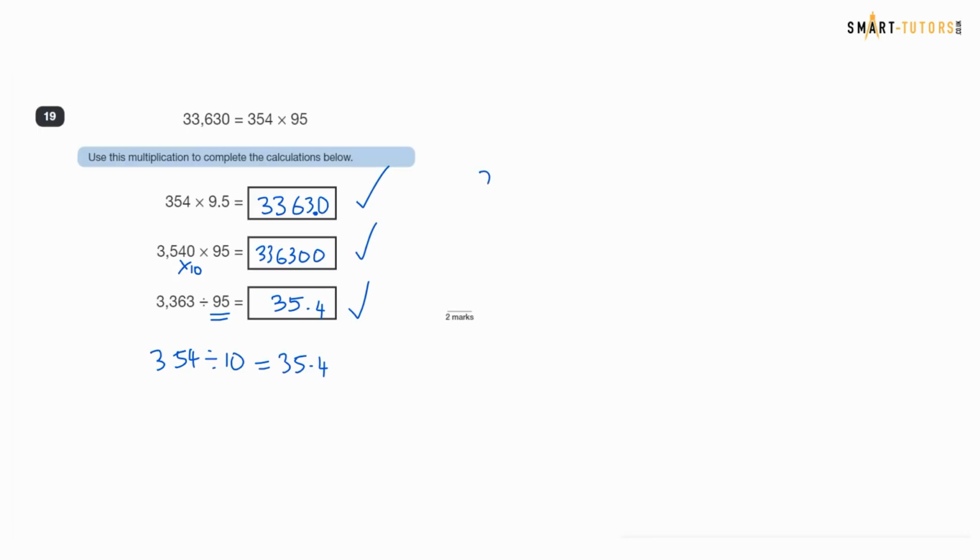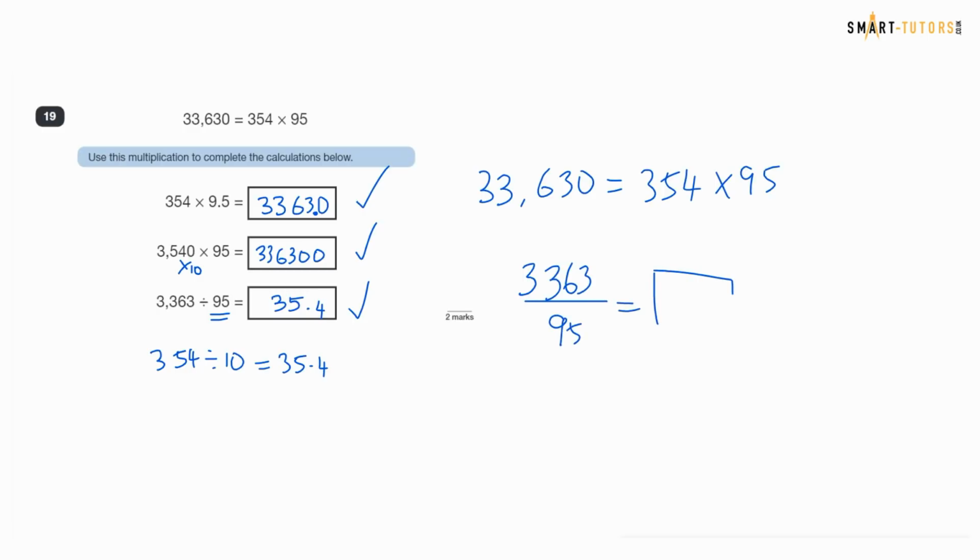So basically, 33,630 can be made by 354 times 95. So if you see the third one, which is a little bit tough, the 3,363 divided by 95 is the question mark.